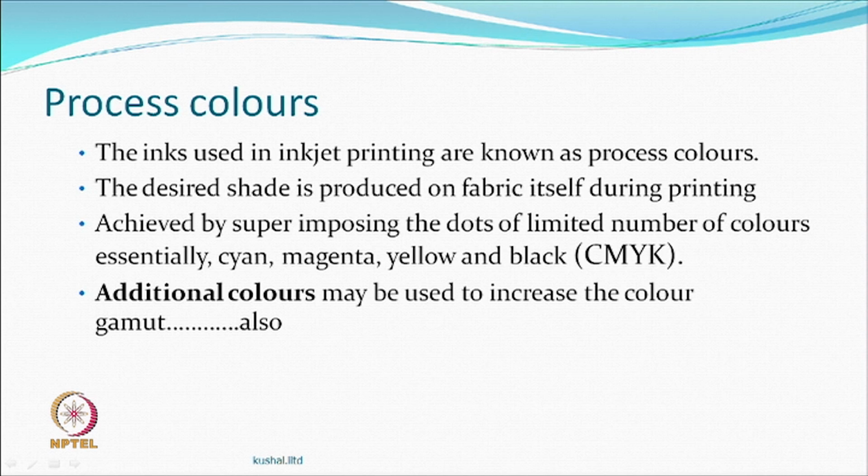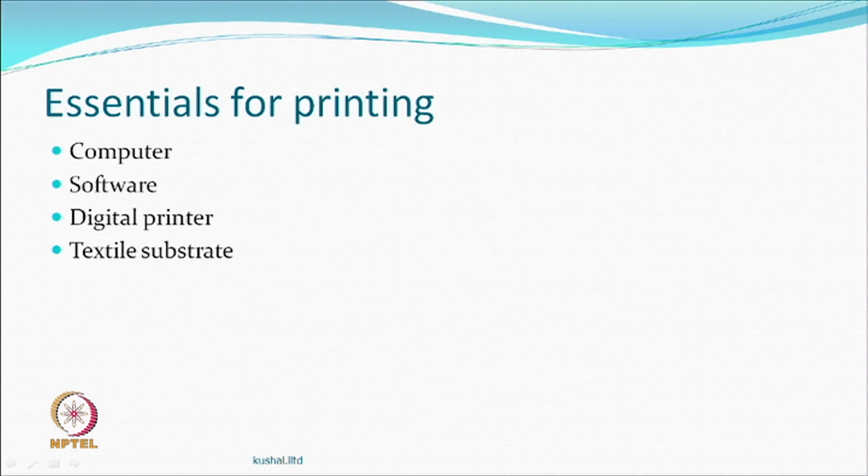So, these are the 4 colors. One can use additional colors sometimes in textiles. One of the colors could be white, but generally 4 colors can produce any color, infinite shades and colors. So, what you require is a computer, software, digital printer and textile substrate.